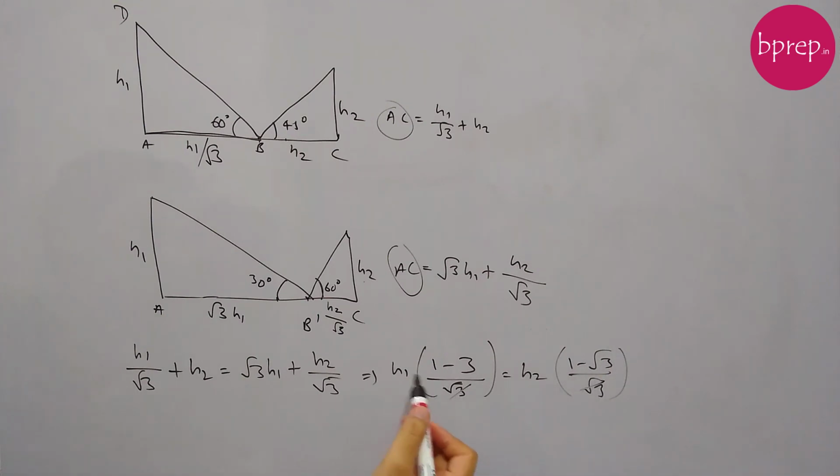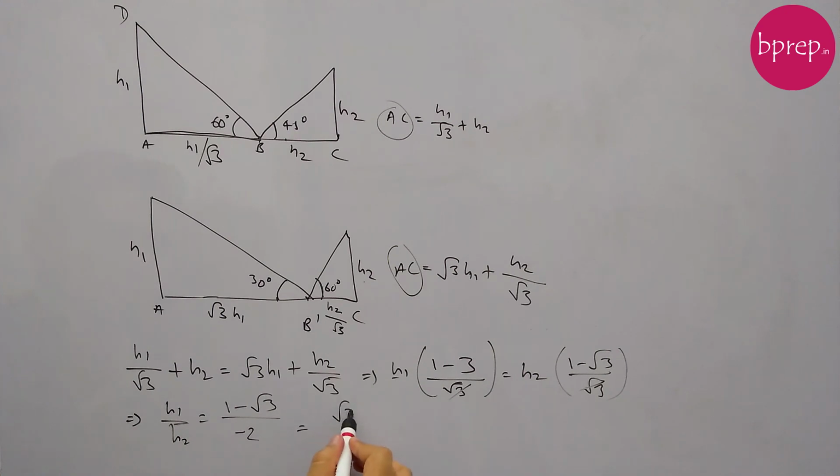So we can cancel it. This is minus 2. So from here h1 by h2 is 1 minus root 3 over minus 2. So by changing the sign, can we write root 3 minus 1 by 2? Root 3 minus 1 by 2 is the answer.